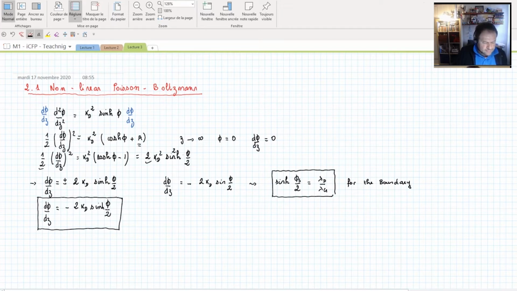Well, this is boring, but you can separate the variables. Or go to Mathematica, or go to Wolfram Alpha, whatever you want, and solve this equation, and I give you the results.